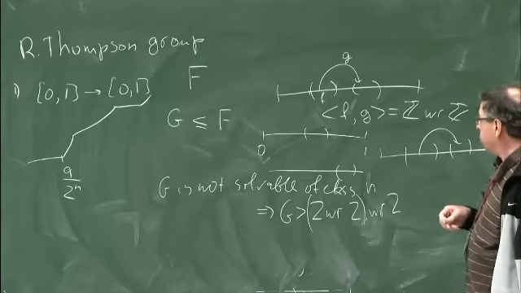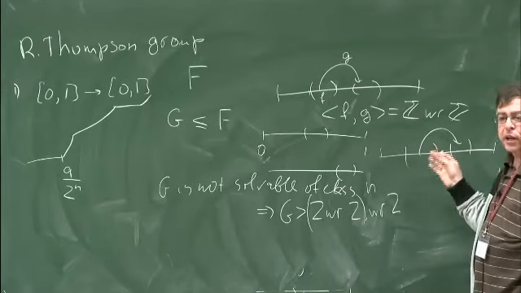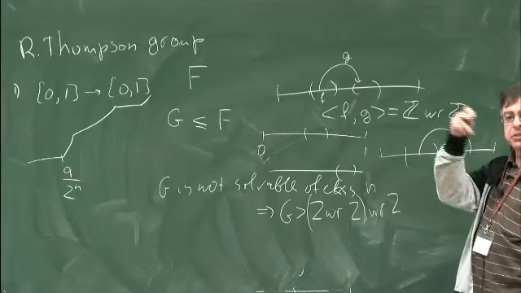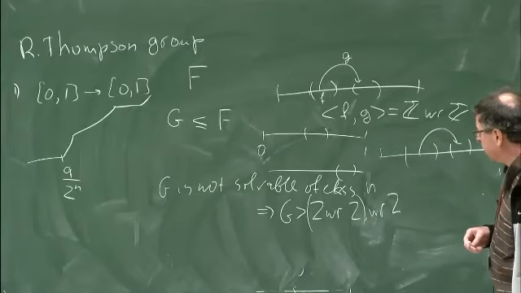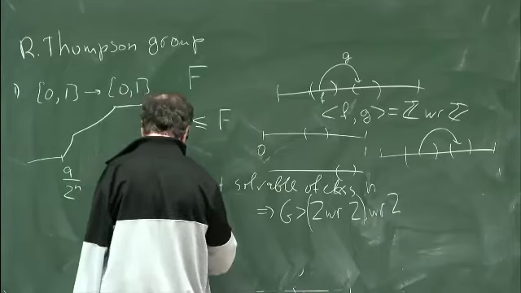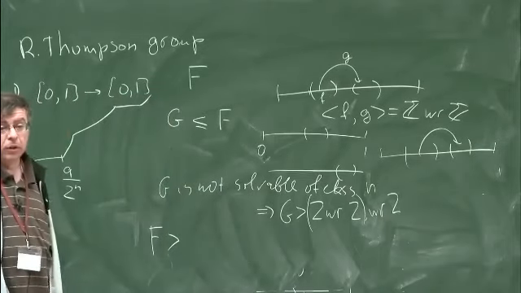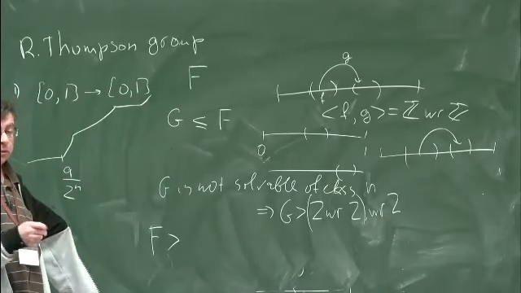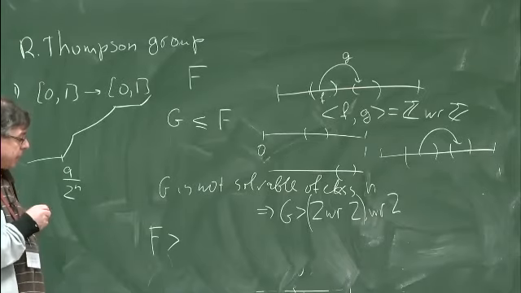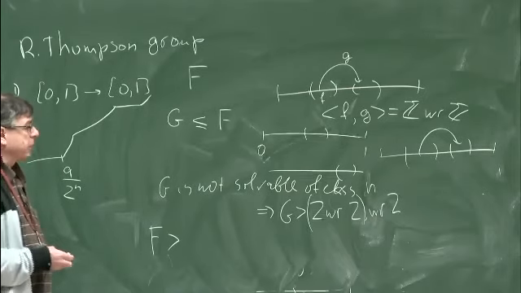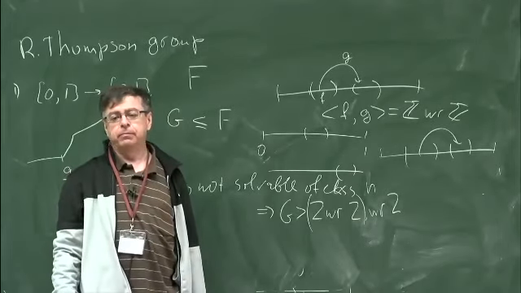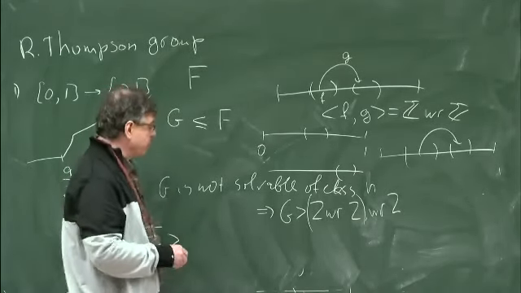And in fact, you can take a union of all that, shrink it again, and do another Z with another Z. So what you can get as a result is a very large subgroup of F, which is again 2-generated. In fact, it will be 2-generated, and it will contain all possible iterated wreath products of Z. And that is what is important.